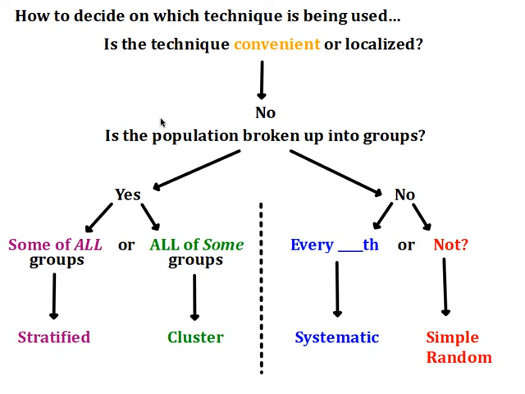If it's a no, now we want to ask if our population is being broken up into groups. If the answer is yes, am I doing some of every group or all groups? Then it's going to be stratified. Am I asking all of some of the groups? Like, am I asking only freshmen and sophomores?